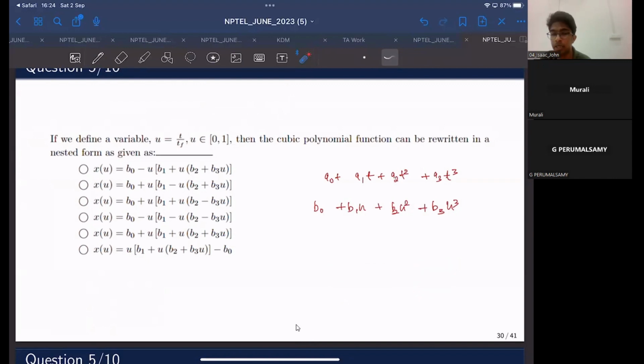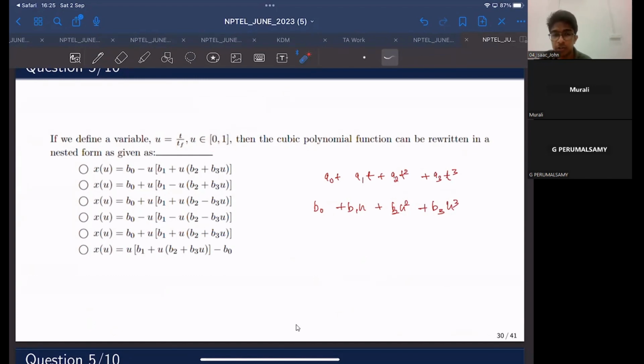They will have denominators in tf. And if tf is too large, then some of the coefficients a2 or a3 may tend to 0. So in order for us to avoid that case, we would scale the time varying from t to tf between 0 to 1.